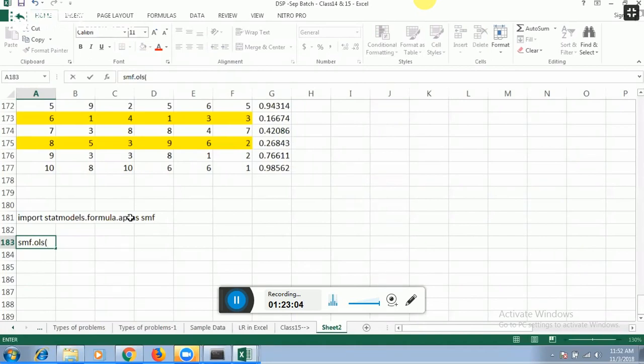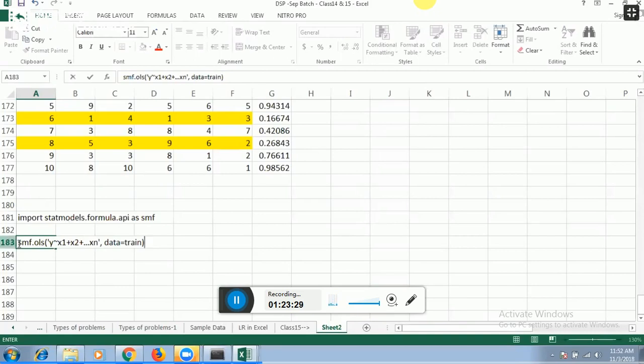Suppose I use OLS, what do you need to give it? You need to give the formula. Formula means y tilde sign x1 plus x2 plus and so on up to xn. Of course, the constant you don't need to give, it will automatically take it. Then data equal to train, and this is the only information it needs.